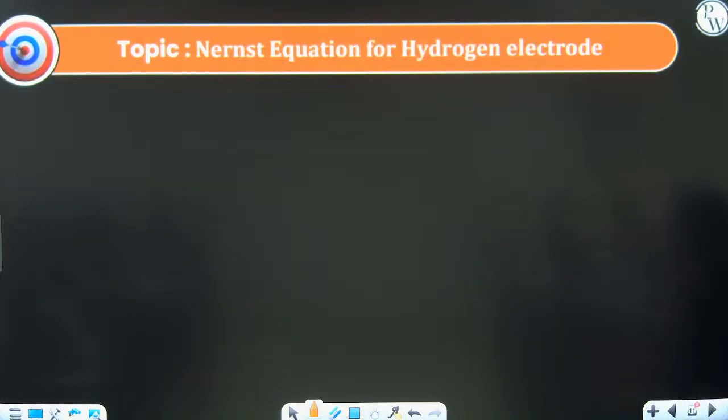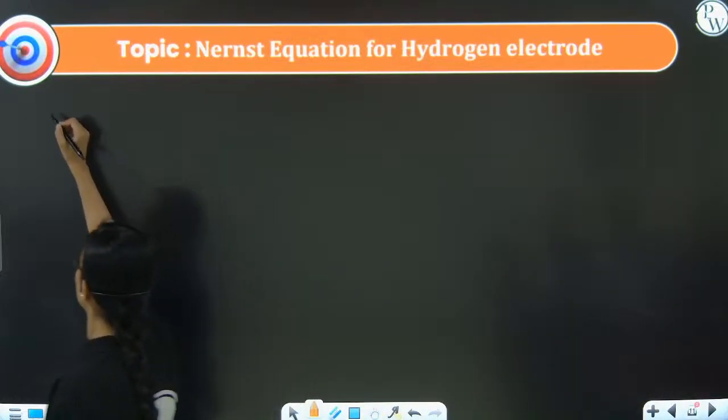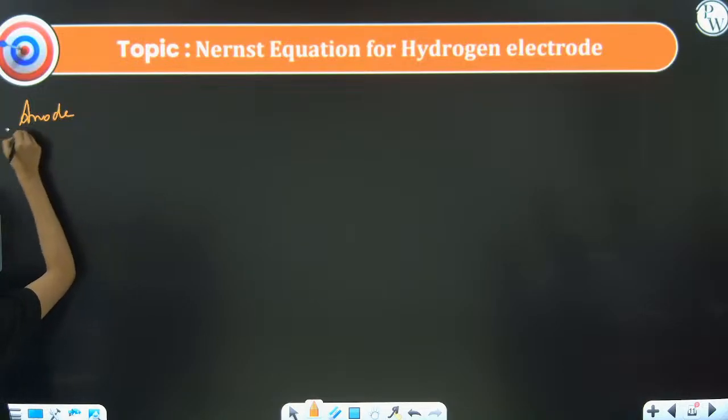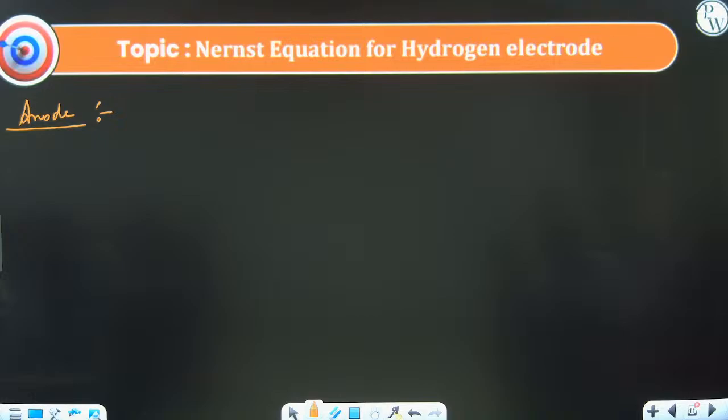चलो next is Nernst equation for hydrogen electrode मतलब SHE. Tell me the reaction for anode. If SHE acts as anode, what reaction will happen?